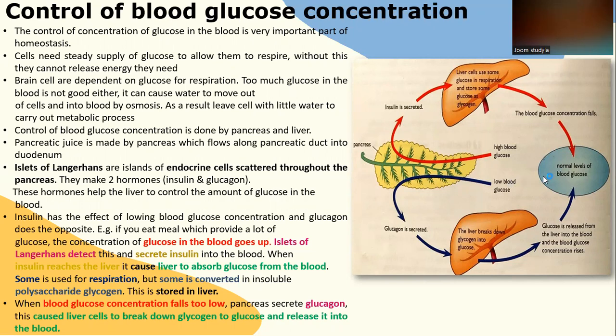But when the blood glucose concentration falls too low, the pancreas secretes glucagon. This causes liver cells to break down glycogen to glucose and release it into the blood.